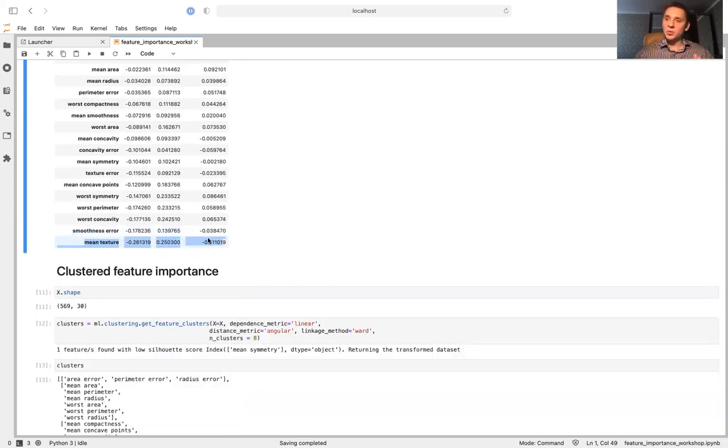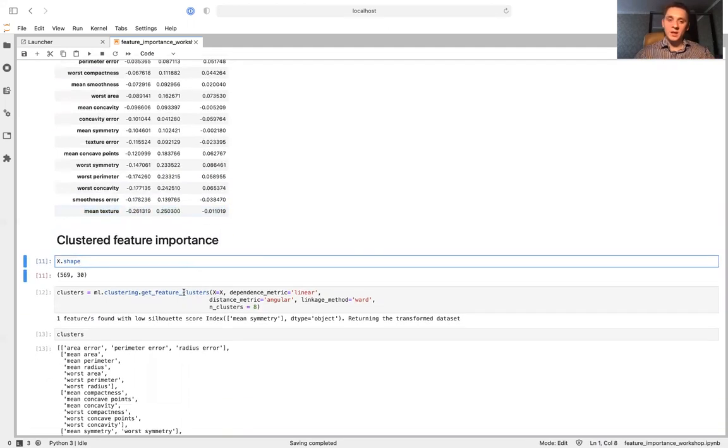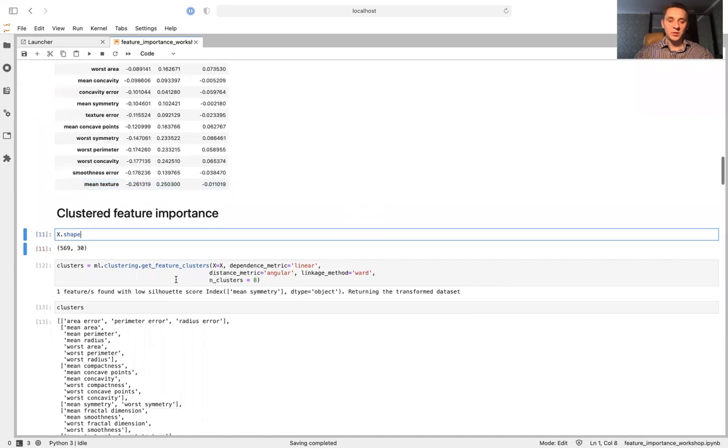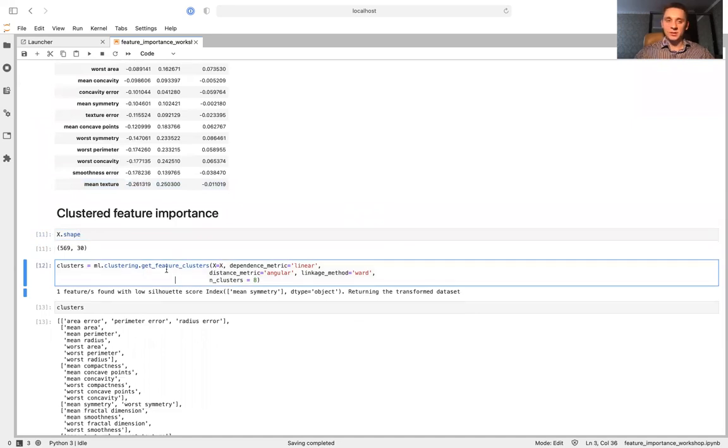So let's take a look at how we apply clustered feature importance. As we have discussed, in the first step, we need to understand how to group our features into clusters. So let's take a look at what the different ways to do that are. We have 30 features. What we can actually do is to apply MLFinLab's function, MLFinLab clustering get feature clusters, which takes several inputs.